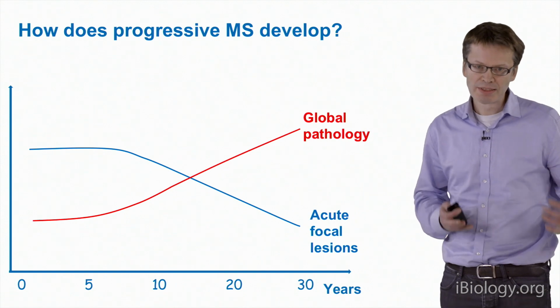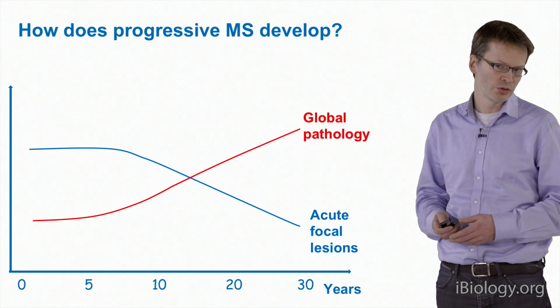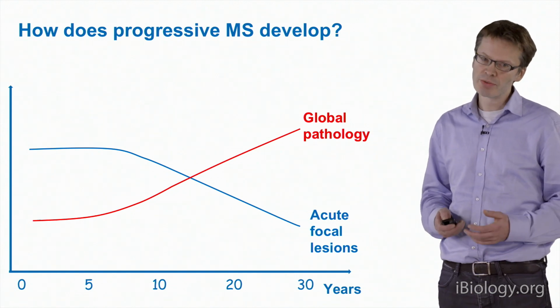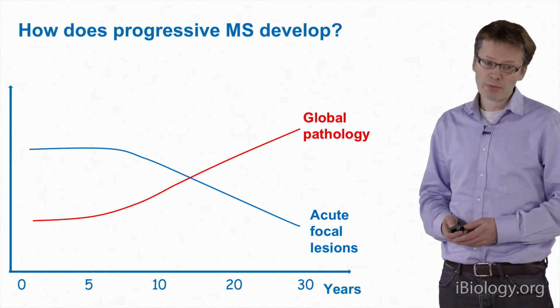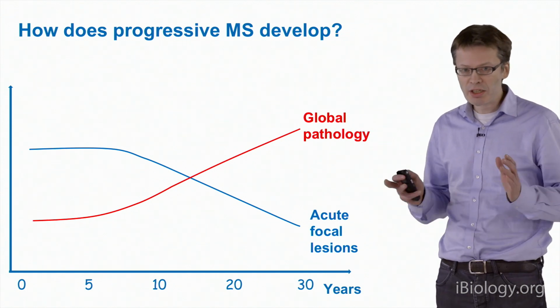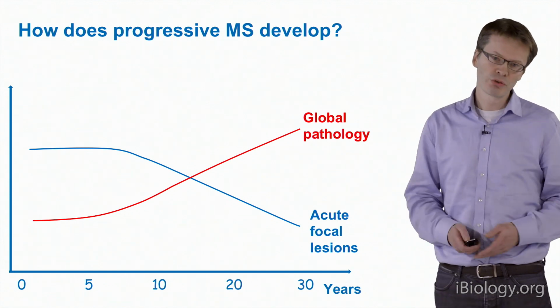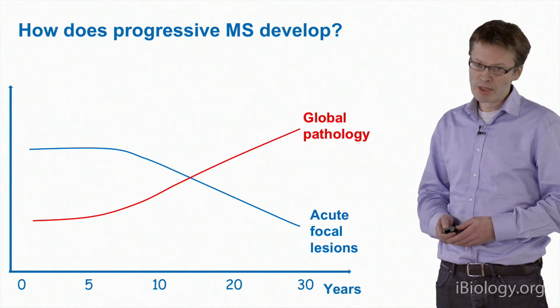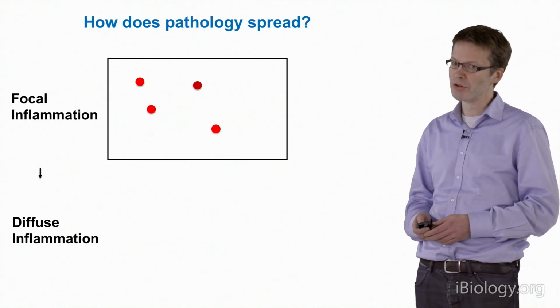However, there's a second pathology which increases. This is a global or diffuse pathology, and this consists of widespread neurodegeneration and diffuse inflammation. A key question is to understand how the focal pathology can convert into a global diffuse pathology. How this really happens is not known.